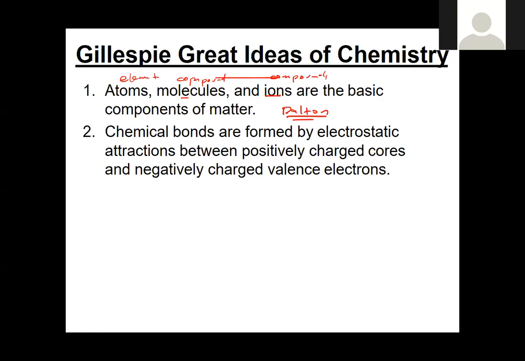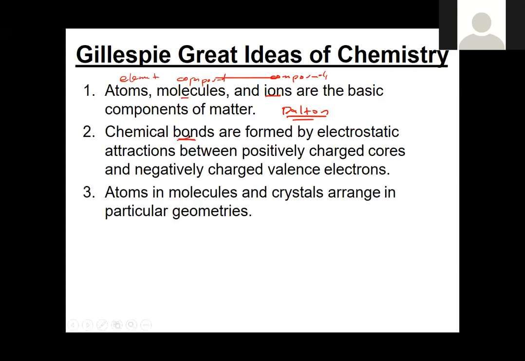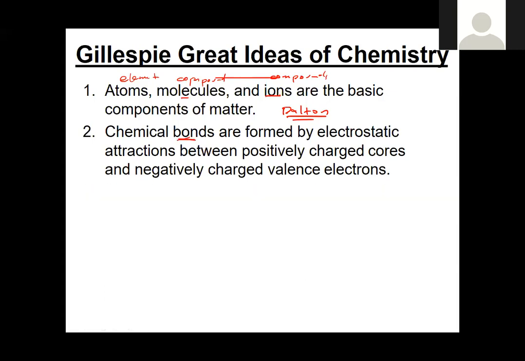Now the second one, okay, chemical bonds. Okay, so if you're going to look at the word bond here, we could say bond is the one that holds atoms together.